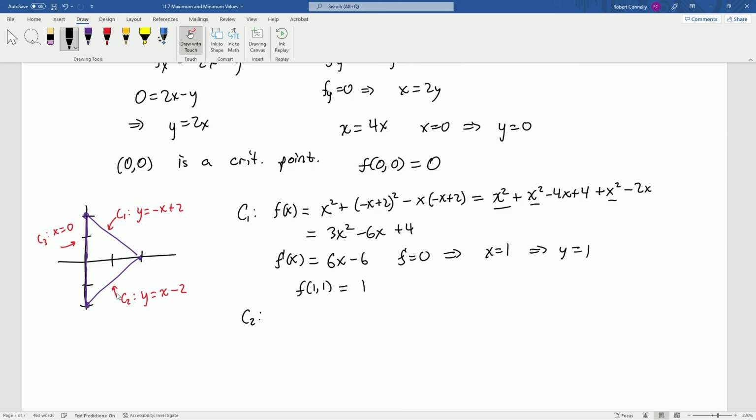Now we look at our second curve here. We do the same thing, but we substitute x minus 2 instead of negative x plus 2. So we get x squared plus (x minus 2) squared minus x times (x minus 2). That's x squared plus x squared minus 4x plus 4 minus x squared plus 2x.